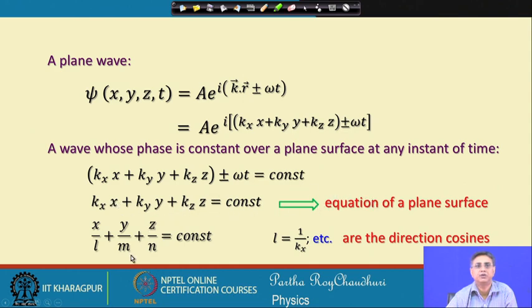If you write in the form of the direction cosines, then x by l, y by m and z by n equals a constant, where l, m and n are represented by 1 by k_x, 1 by k_y and so on. So, these are the direction cosines. The reciprocal of the components of the propagation vector represents the direction cosines for the plane electromagnetic waves.